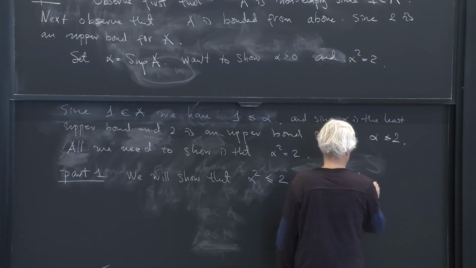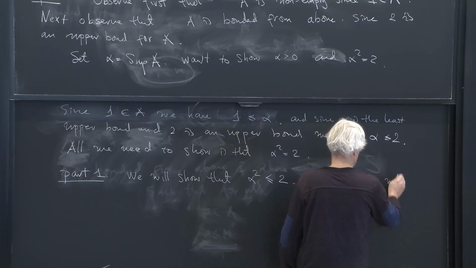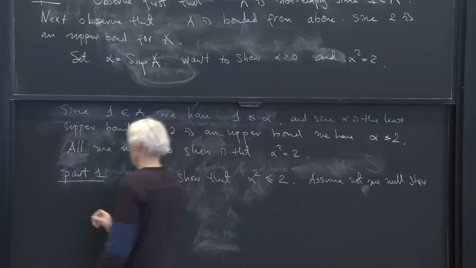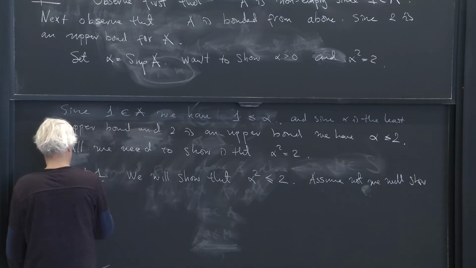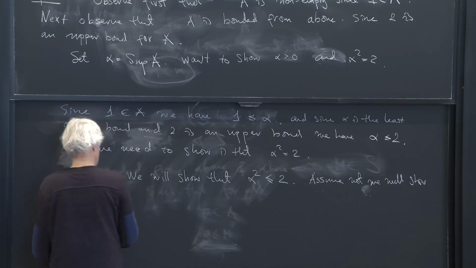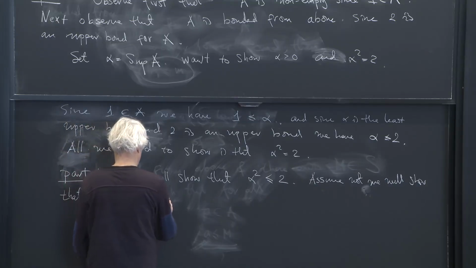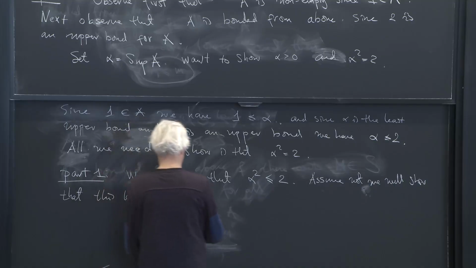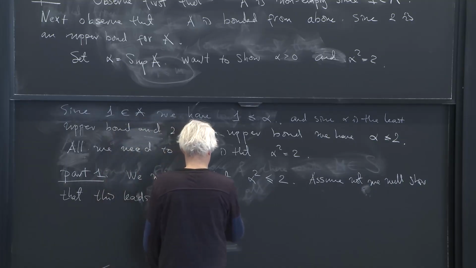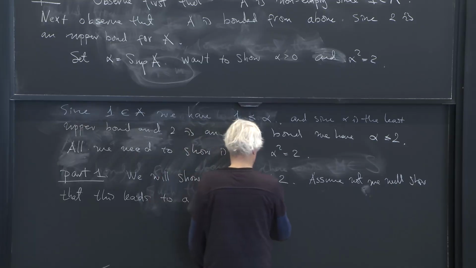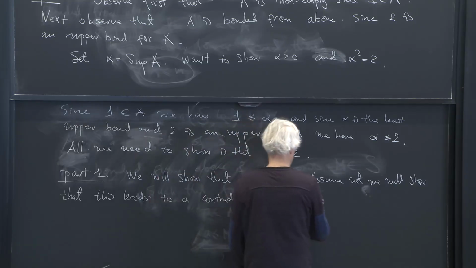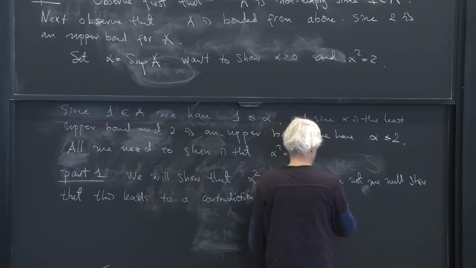We will show that this leads to a contradiction to alpha being the least upper bound.